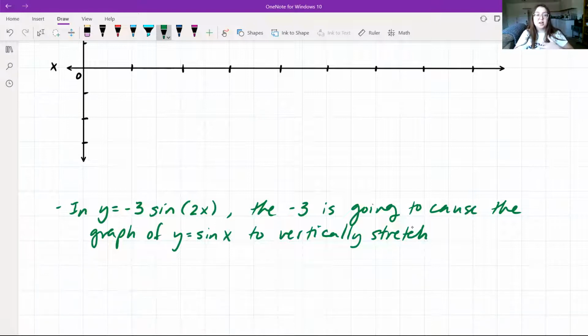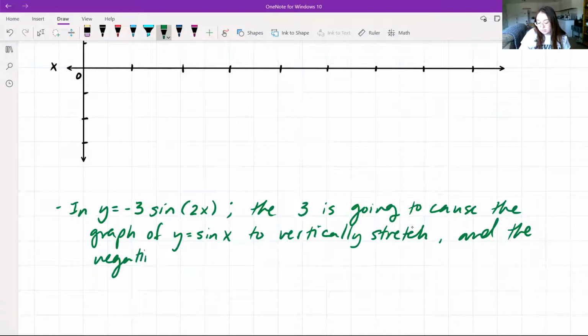So the 3 causes our graph to stretch vertically, so it's going to stretch upwards and downwards because now our minimum and our maximum values will have to be at 3, -3 instead of 1 and -1. That negative in front of the 3 will now reflect. So now we're going to reflect about the x-axis. So we'll go ahead and say the 3 is going to cause the graph of sine of x to vertically stretch.